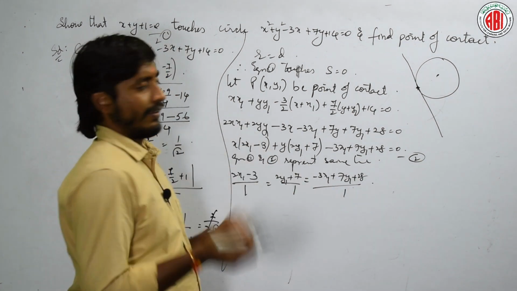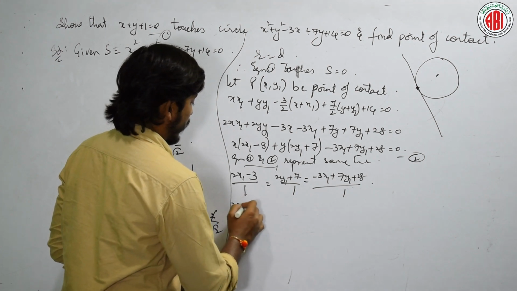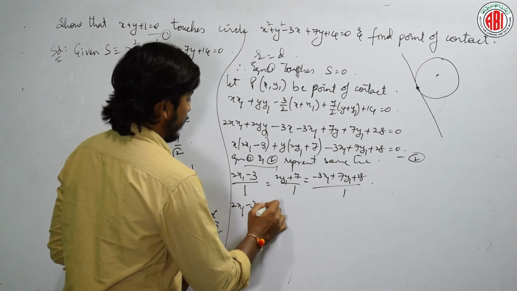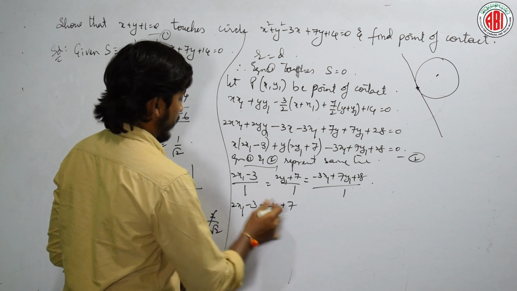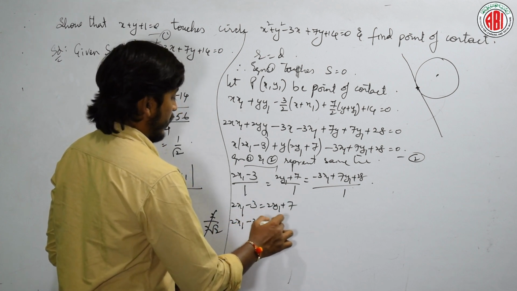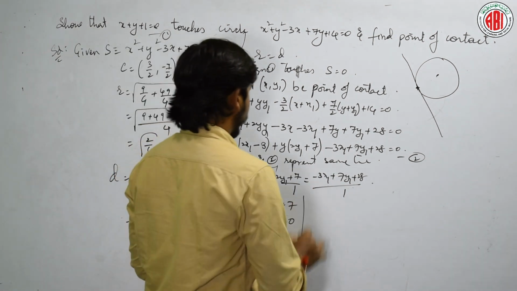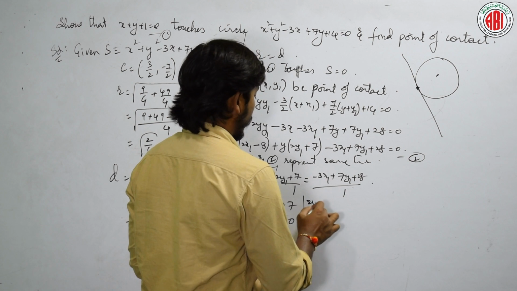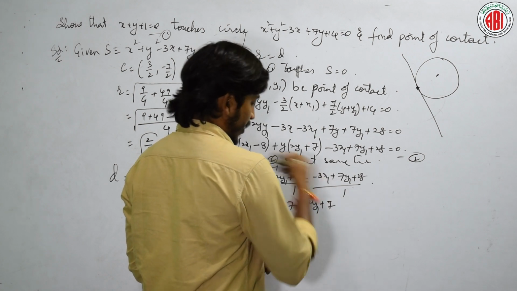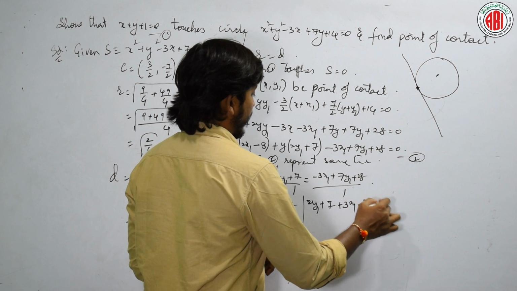Just equating. I will get 2x1 minus 3 is equal to 2y1 plus 7. Bring all to one side, 2x1 minus 2y1 minus 10 equal to 0. Clear? And the next here. Let us equate these both. 2y1 plus 7. Let us bring everything to one side. 3x1 minus 7y1 minus 28 equal to 0.